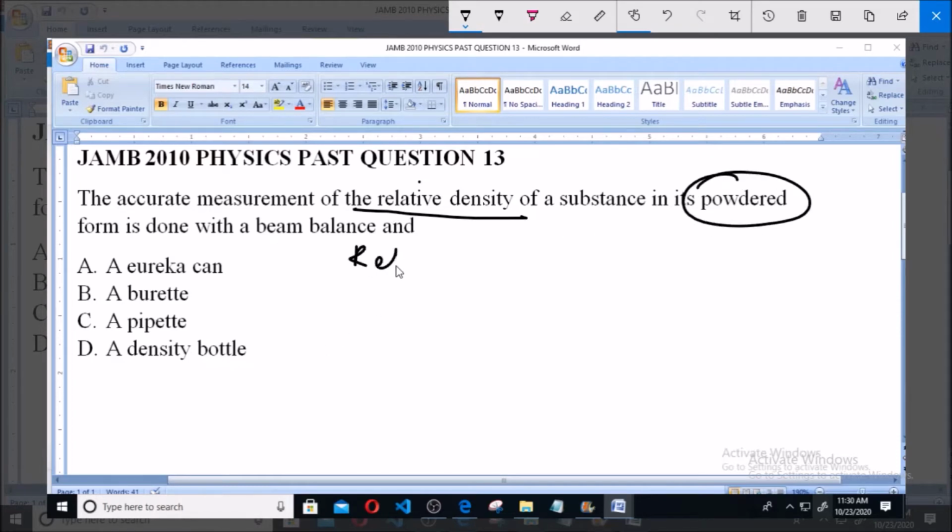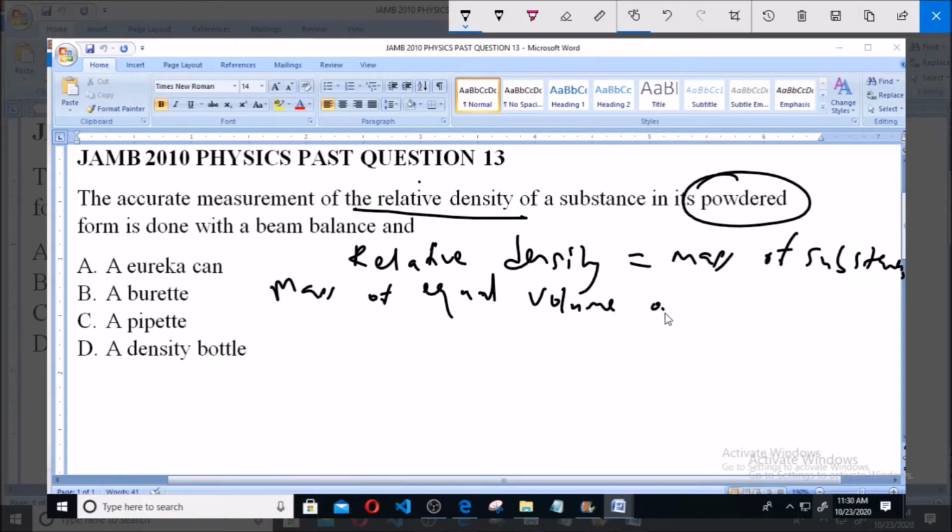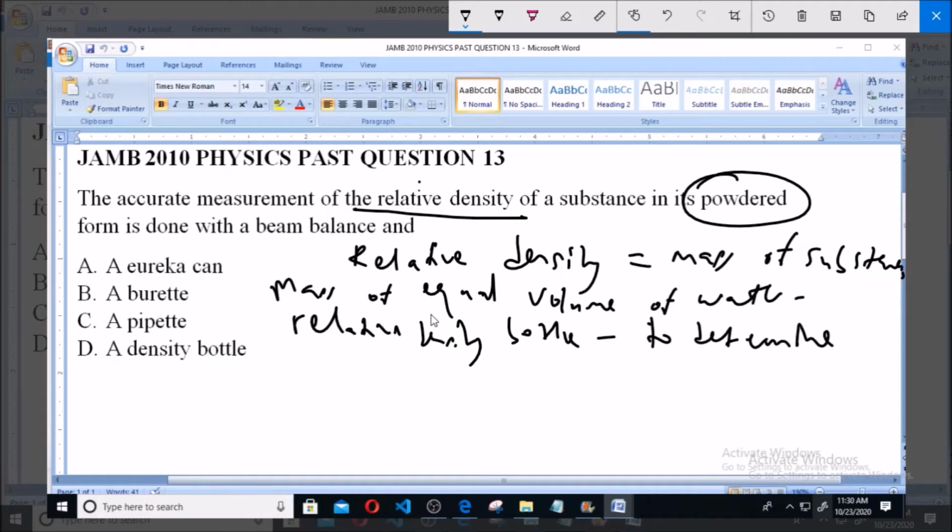Now, it's important to note that relative density is a function of the mass of the substance. Okay, so in order to carry out measurement of relative density, you take the mass of an equal volume of water in the relative density bottle, and you use it to determine the mass of the substance, the powdered substance.